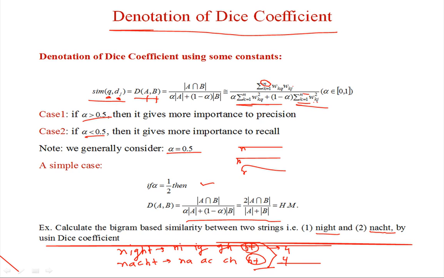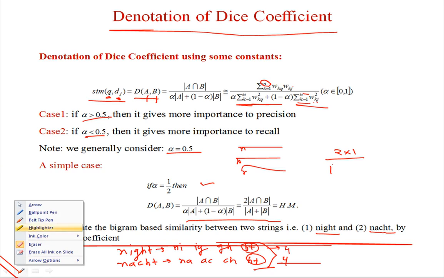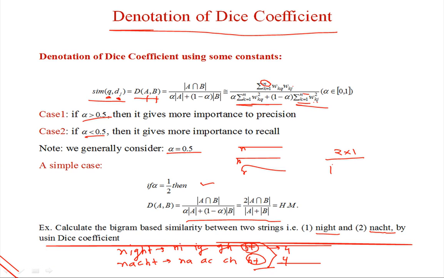So it will be like 2 into 1 divided by 4. So the bigram based similarity between the two strings will be 1 by 4.